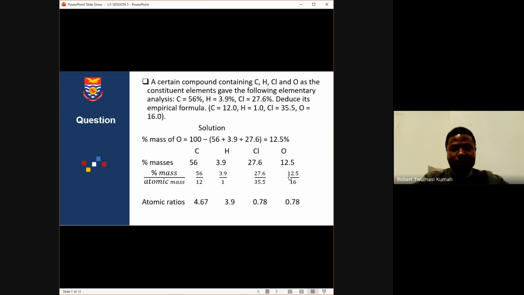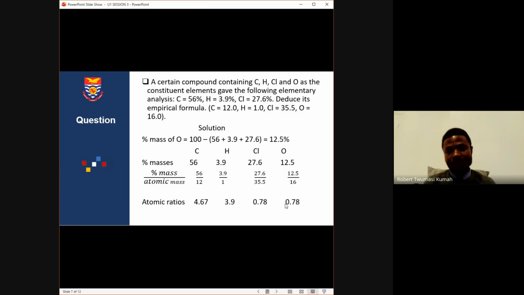Ideally, we have finished with the empirical formula. So we could have just written C subscript 4.67, H subscript 3.9, O subscript 0.78, and Cl subscript 0.78.